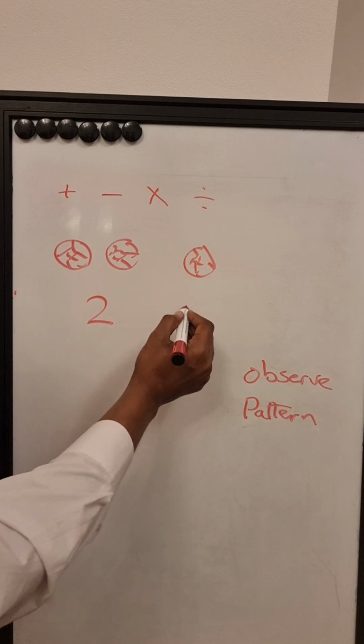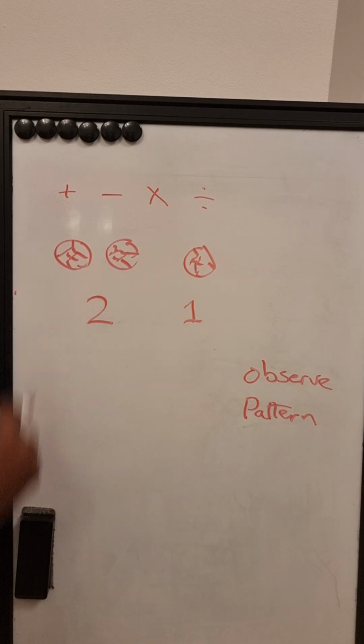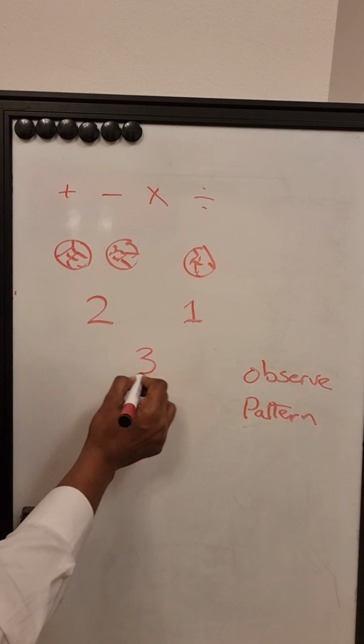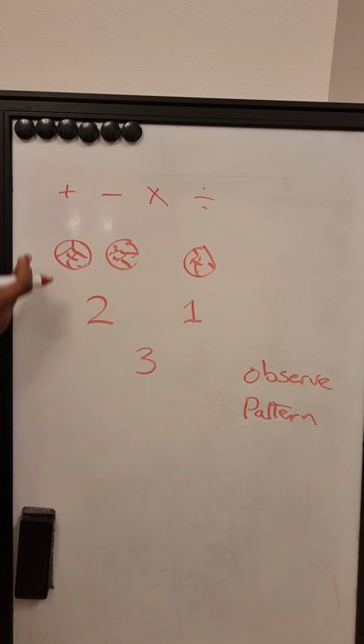Those are 2 balls and this is 1 ball. When we put them together, we get the number 3, a new set of 3 balls. This is the building block of numbers.